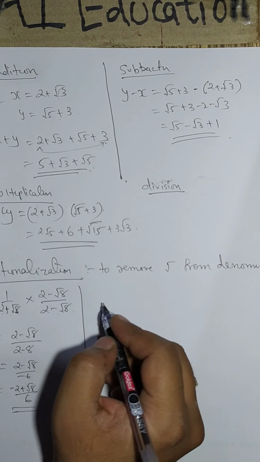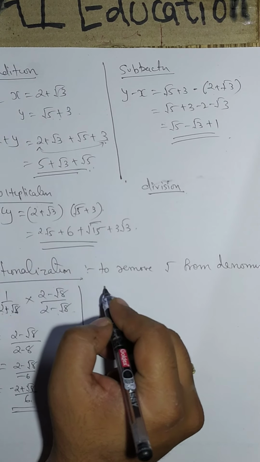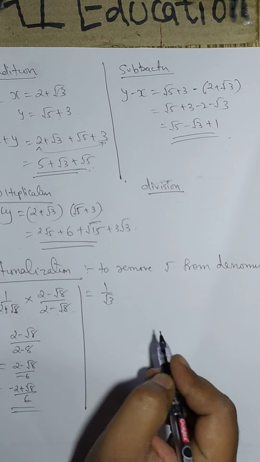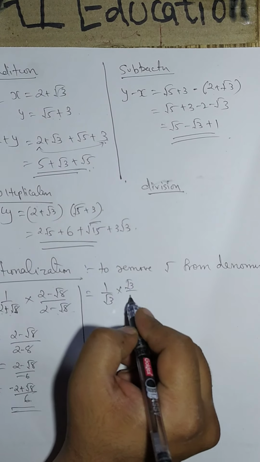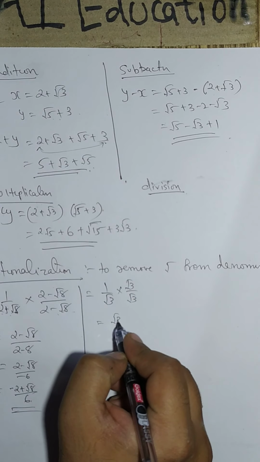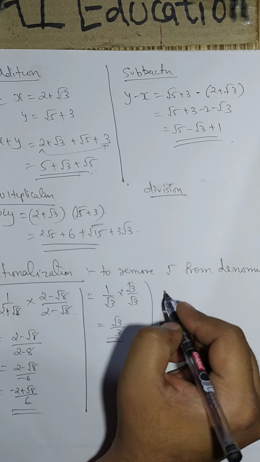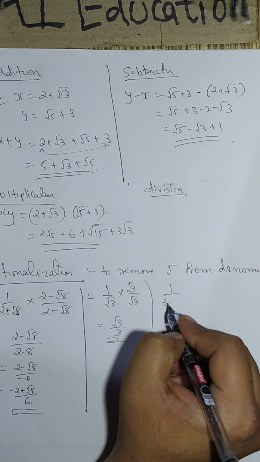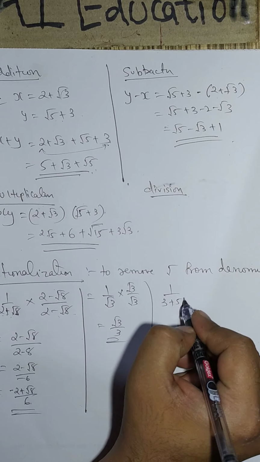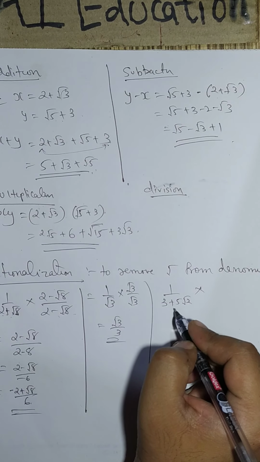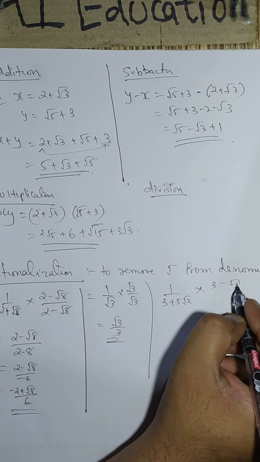Taking another example to understand rationalization, let us say we are given 1 upon root 3. To rationalize this, we multiply and divide by root 3, which leaves this. Let us take one more example: 1 upon 3 plus 5 root 2. To rationalize this, again we take the conjugate of the denominator.